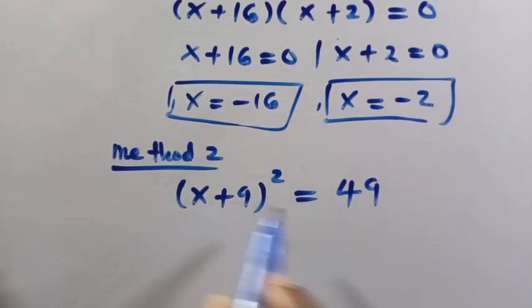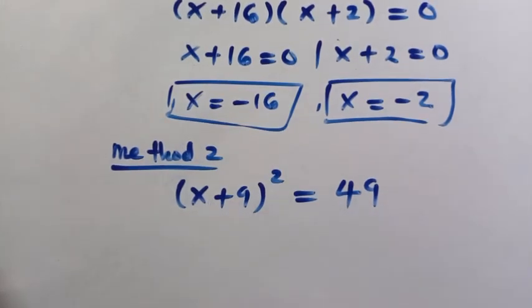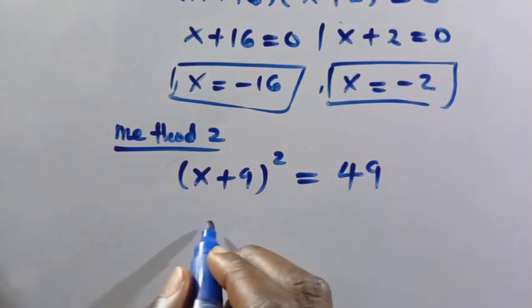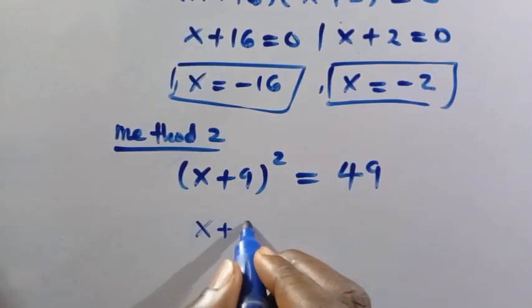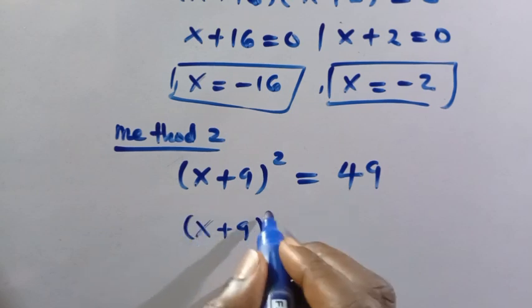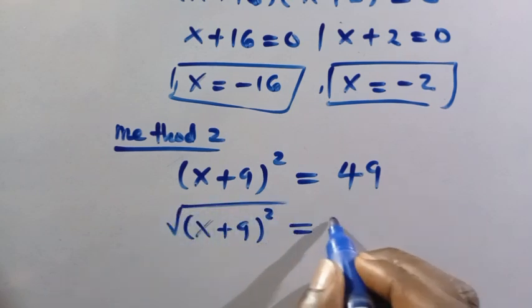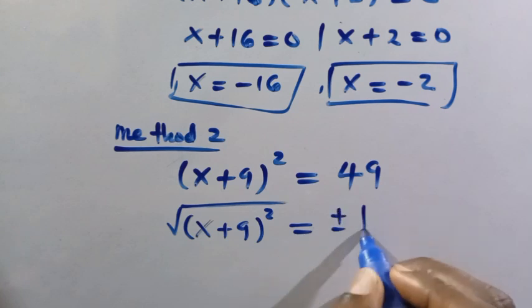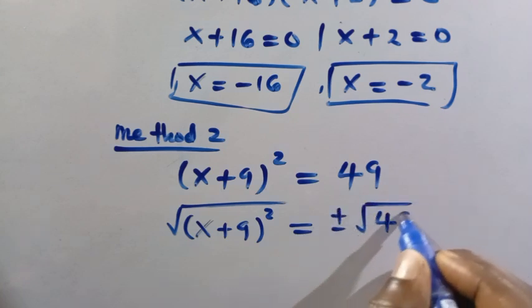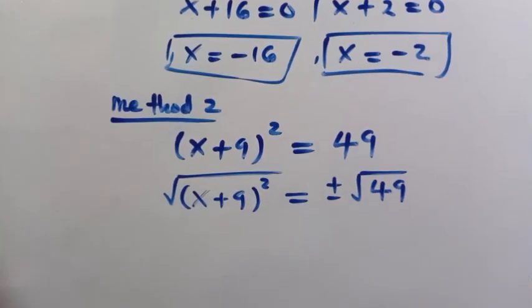Suppose I take the square root of both sides. So by taking the square root of both sides, we have the square root of (x + 9)^2 equals plus or minus the square root of 49.